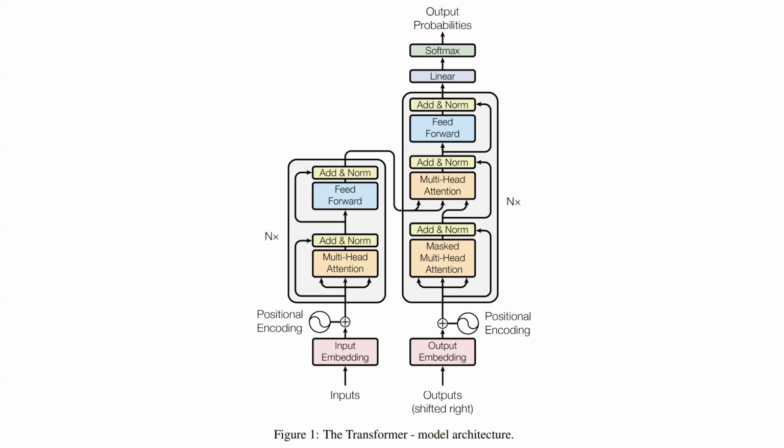And in this paper, N equals 6, which means the encoder part contains 6 identical encoder blocks. And let's look at the inside of the encoder blocks. So the encoder block contains 2 sublayers. One is multi-head attention, and the other one is feed-forward.